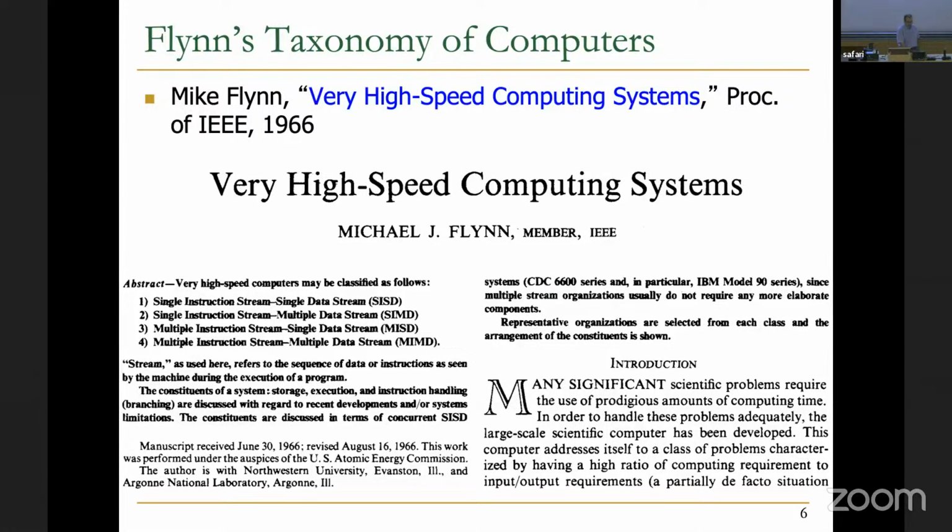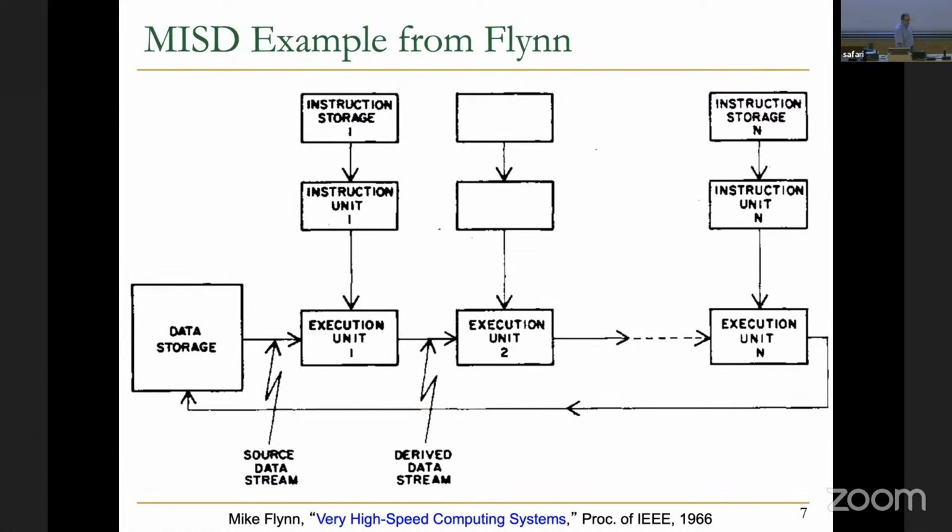The title is Very High-Speed Computing Systems. This is the example of MISD, multiple instruction, single data. Essentially you have a data storage, you load data from storage and fetch it to an execution unit, then fetch it to another execution unit, and pass it to another execution unit, and so on. This kind of architecture is called MISD, the way Flynn was envisioning at that moment.